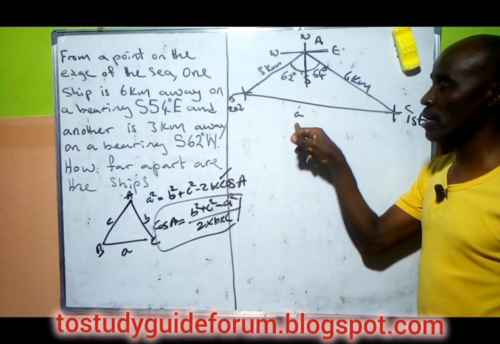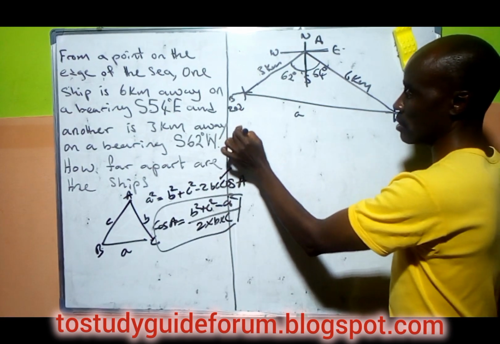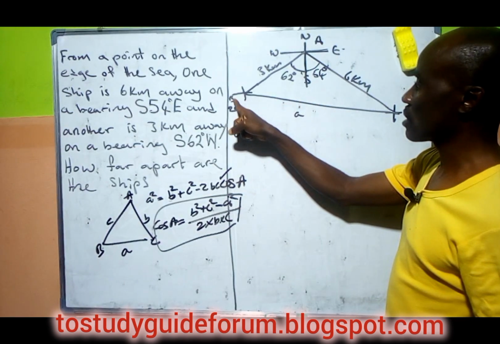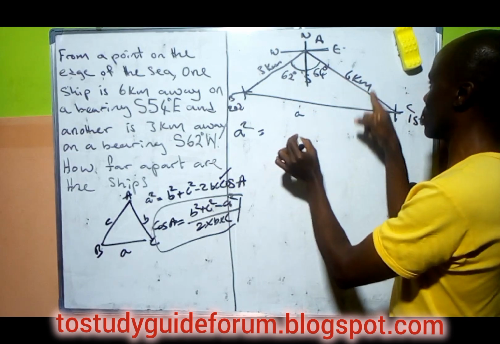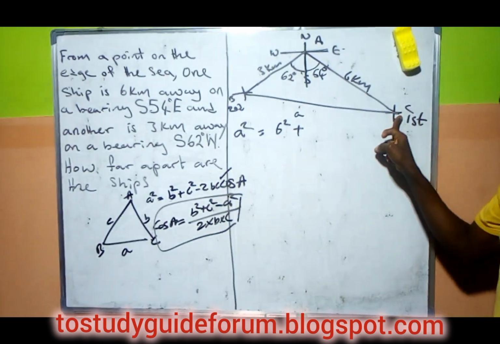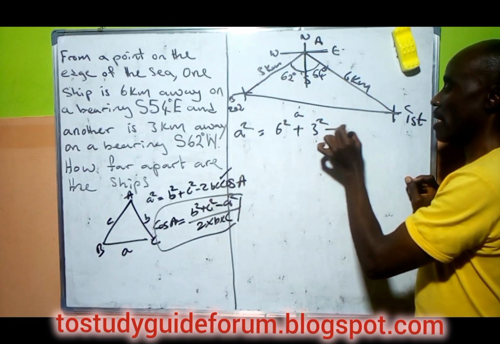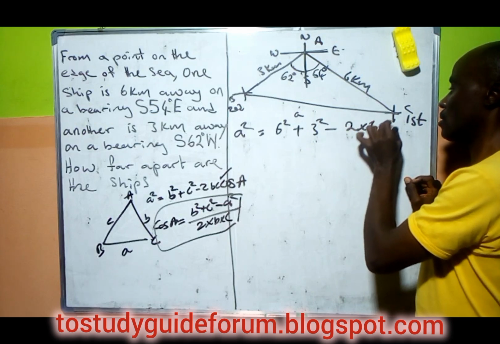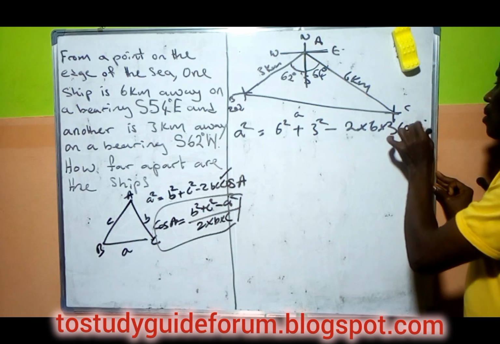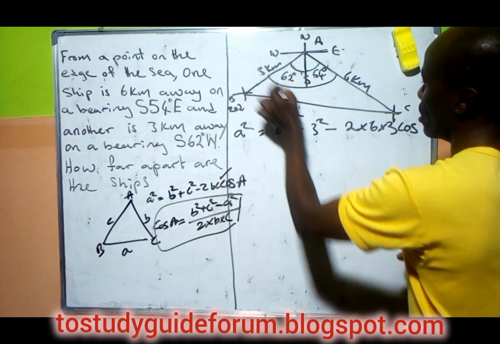Since we are looking for this A, being the side, the distance apart, what we do here is A squared equal to b squared, the side is 6, plus c squared, the side is 3, minus 2 times 6 times 3 cos A. Now how do we get our angle A?